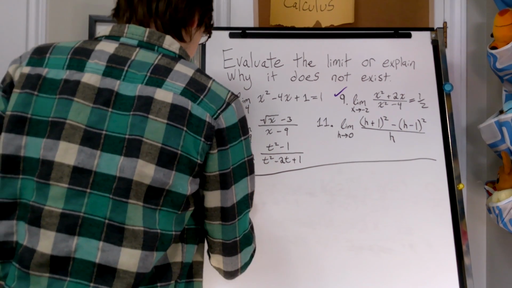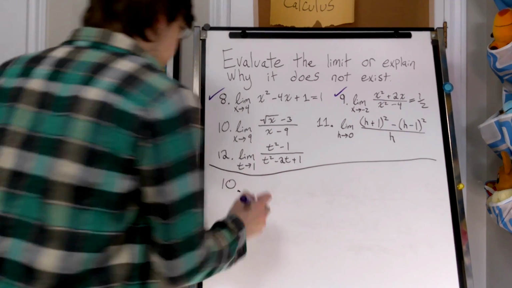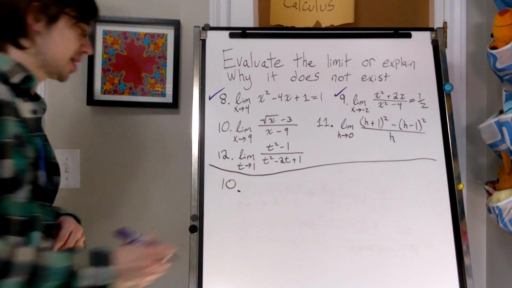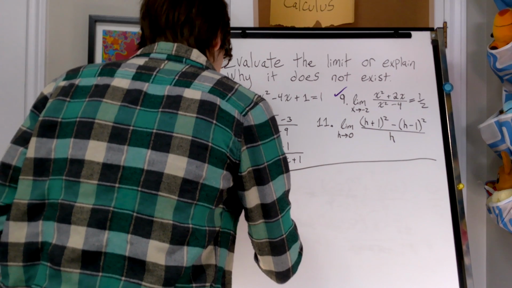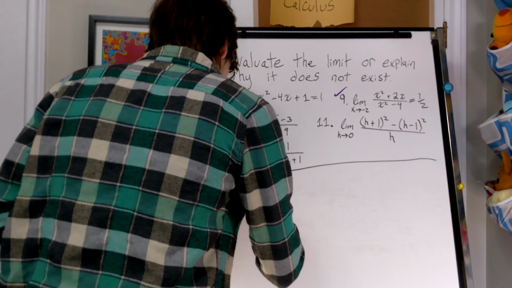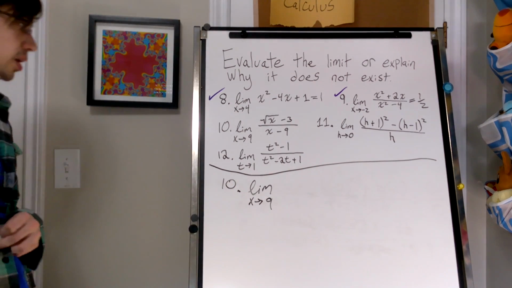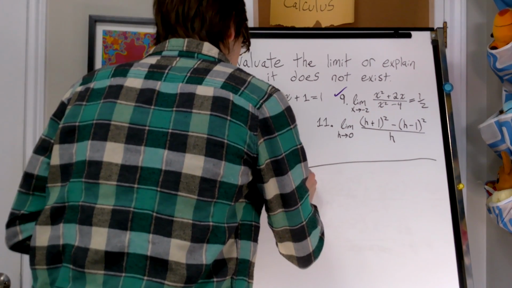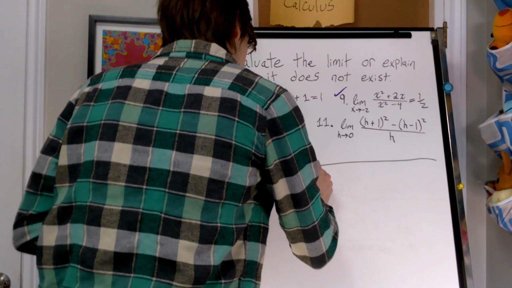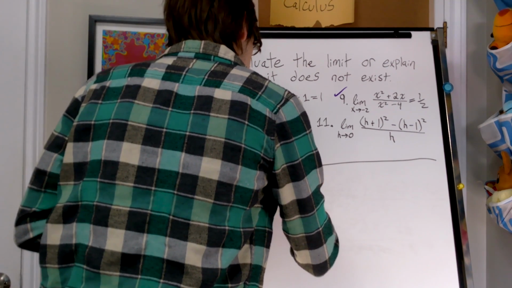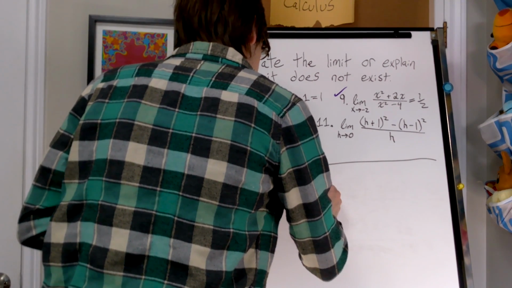Ten. The limit as x approaches 9 in the domain of the function x squared minus 3 over x minus 9.